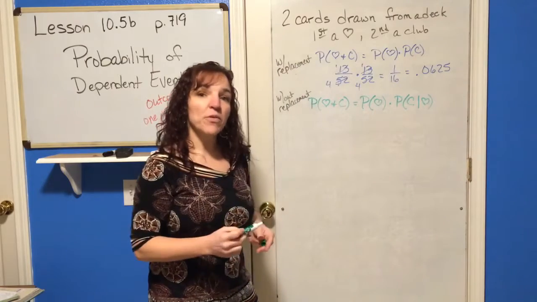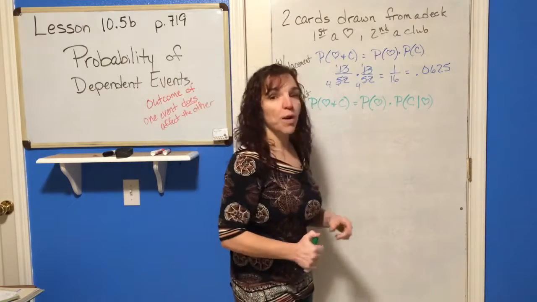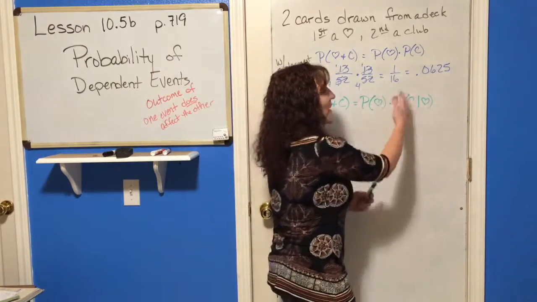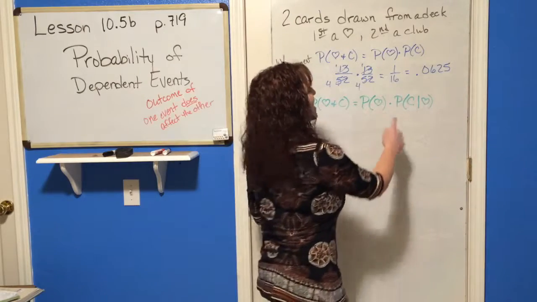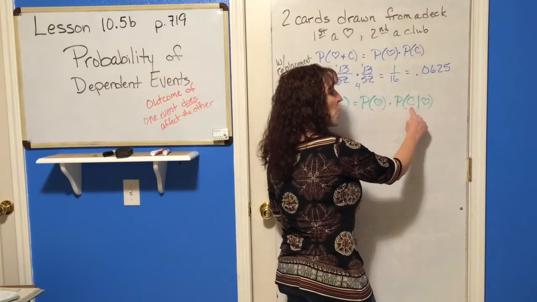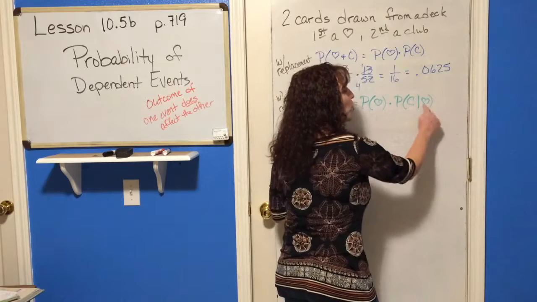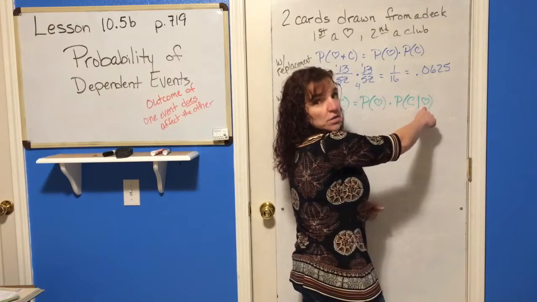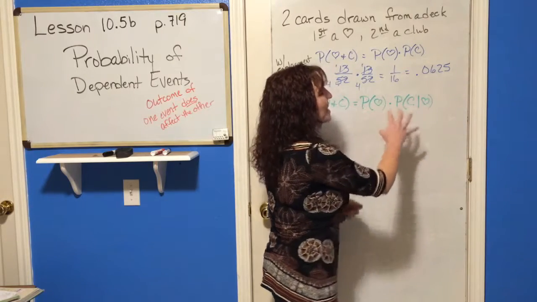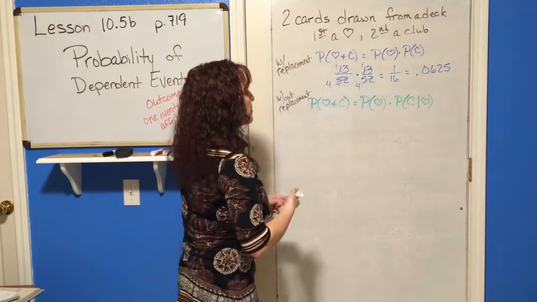Do you remember that we did this? This is the conditional probability. This is not dividing by. This says, I want to know the probability that you draw a club knowing that you already drew a heart. So this shows that conditional probability.